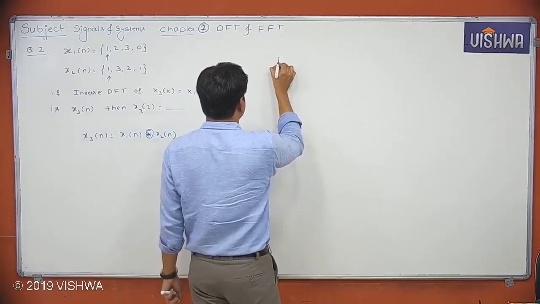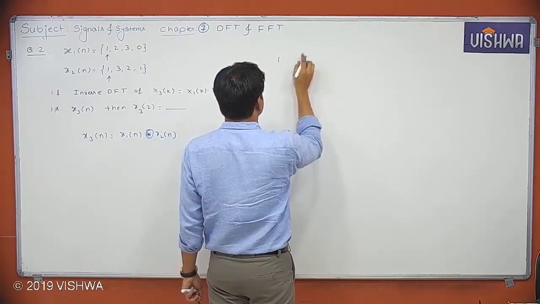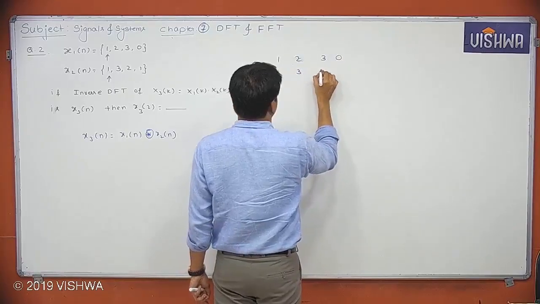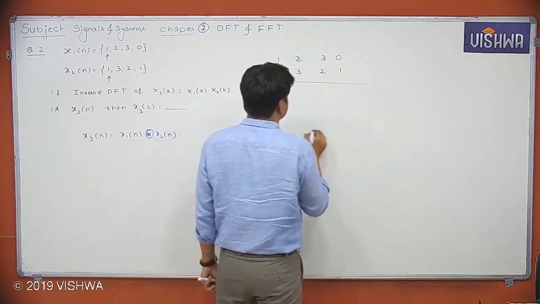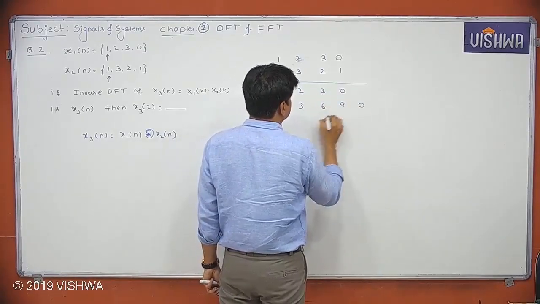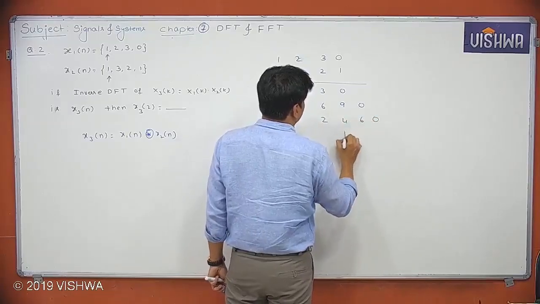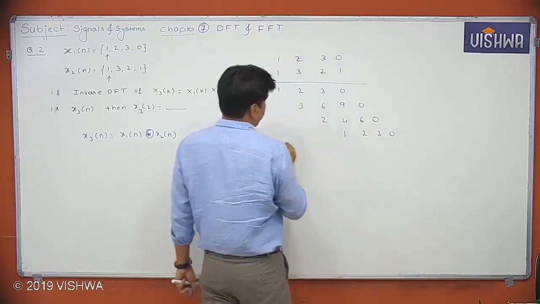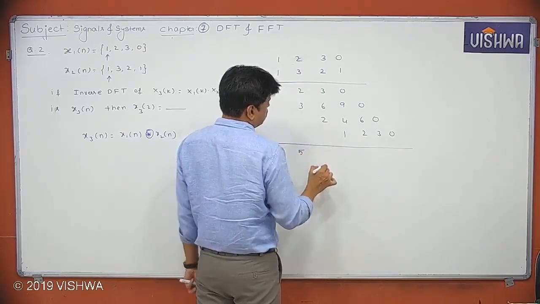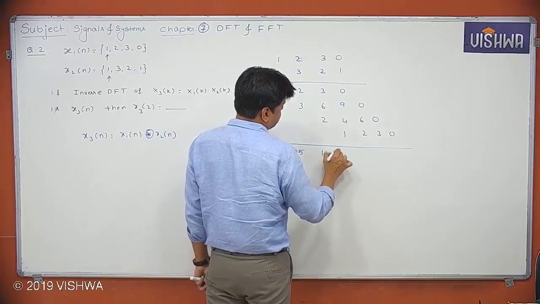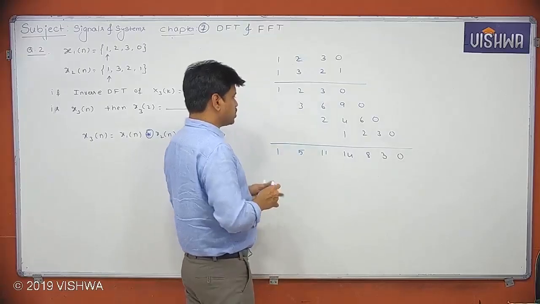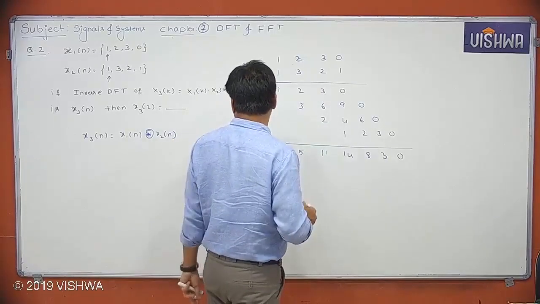Okay. So 1, 2, 3, 0 and 1, 3, 2, 1. Circular convolution I am doing: 1, 2, 3, 0; 3, 6, 9, 0; 2, 4, 6, 0; 1, 2, 3, 0. This is 1, 5, 11, 14, 8, 3. We require only 4 samples because both have 4 samples.